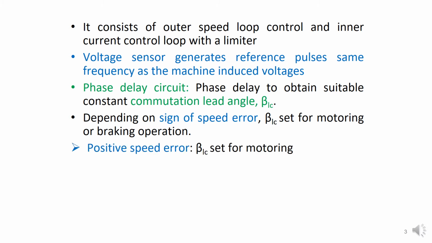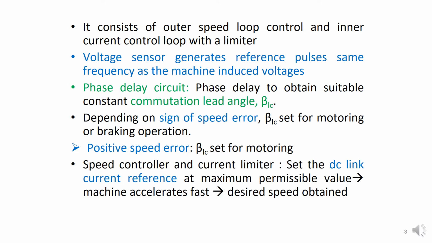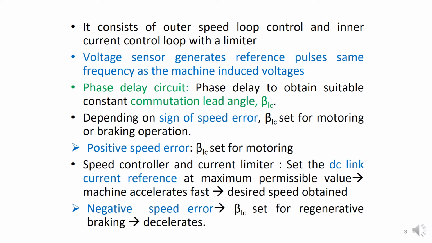For a positive speed error, BLC is set for motoring, and the speed controller and current limiter set the DC link current reference at the maximum permissible value. Then the machine accelerates fast and reaches the desired speed. Whenever a negative speed error occurs, BLC is set for regenerative braking and the machine decelerates.